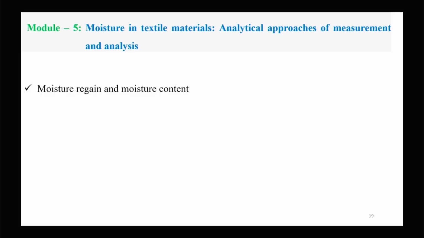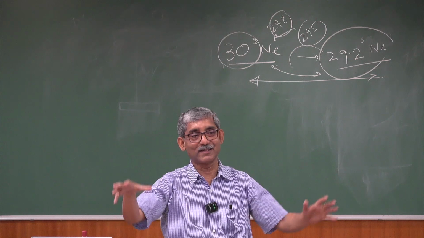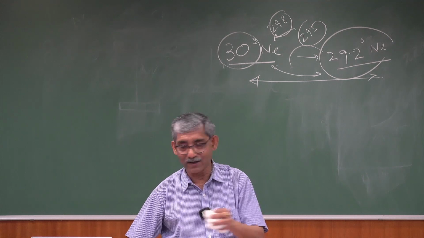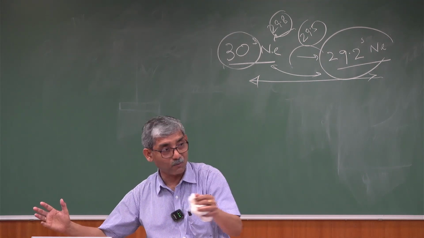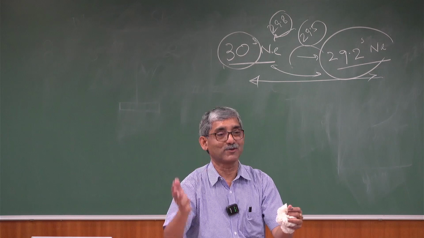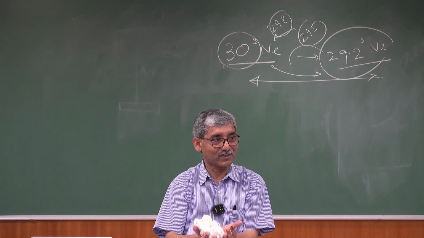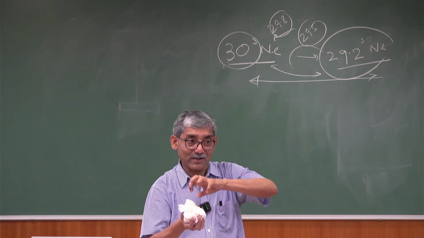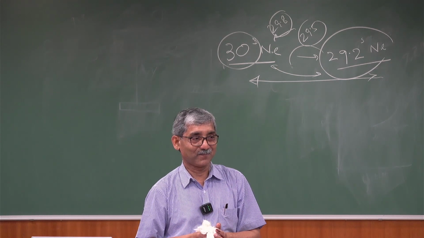And moisture content means the material is at whatever stage it is, and we are trying to drive out the moisture. That means this material is with moisture, and now I am trying to see how much moisture is present.